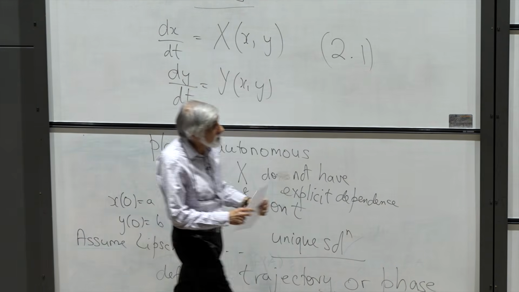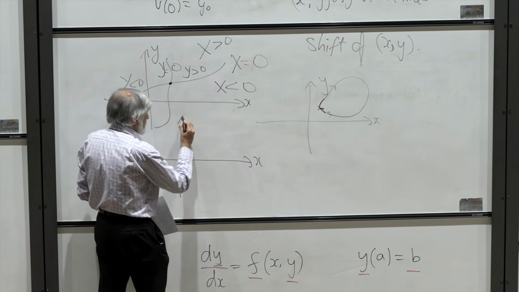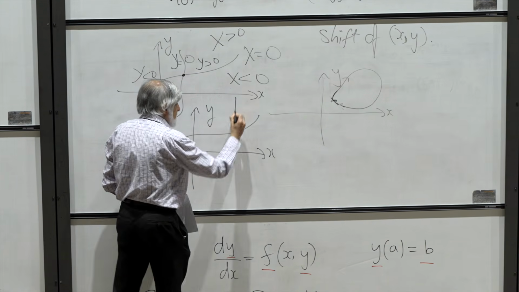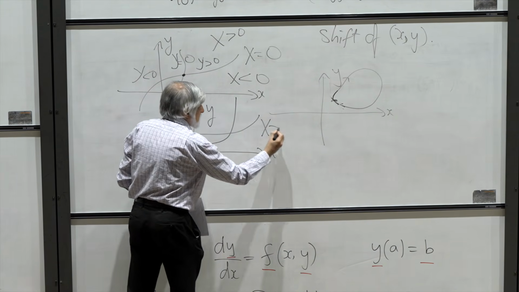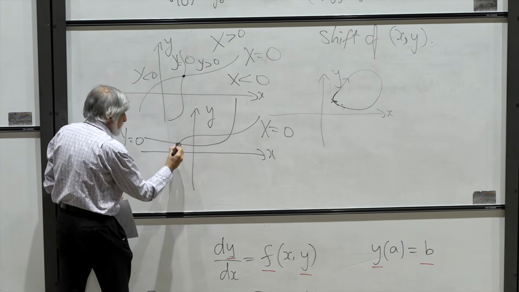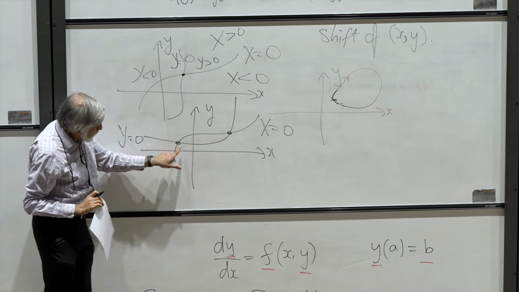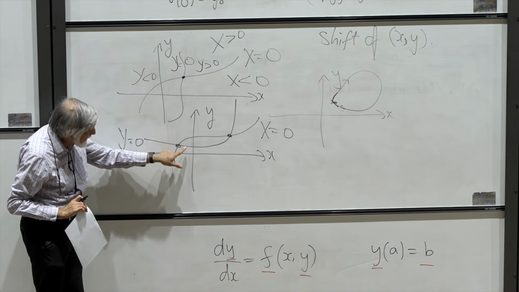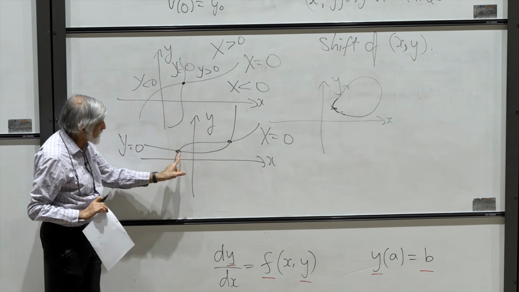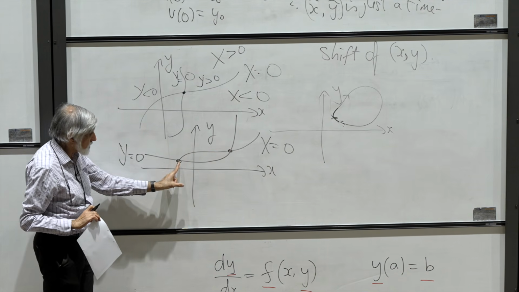So what that'll mean is that if we have, say this is x equals 0, and this one is y equals 0. So we've got two critical points. So our linear analysis will be able to tell us what's the behavior near here. Because these are the points where the trajectories cross.